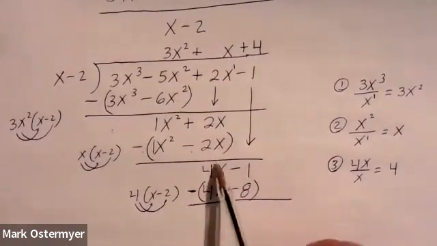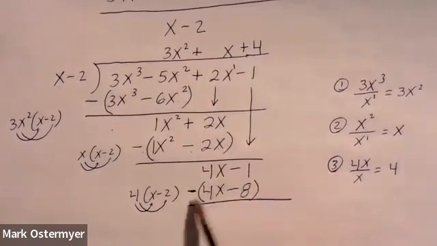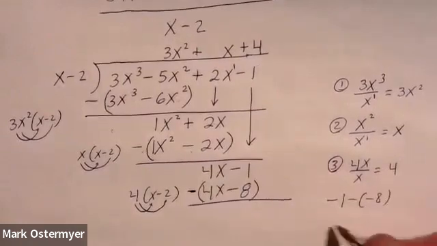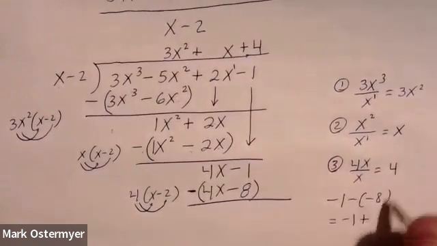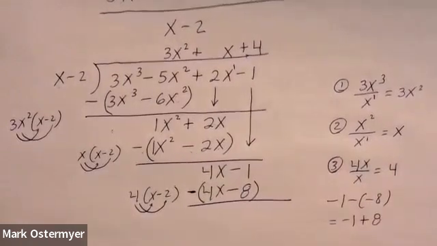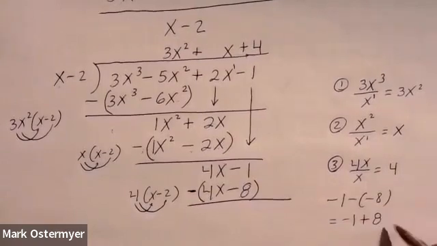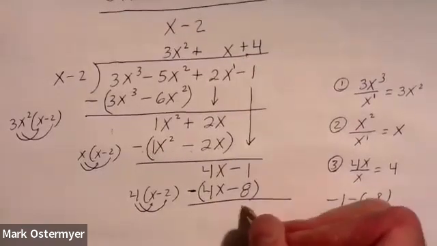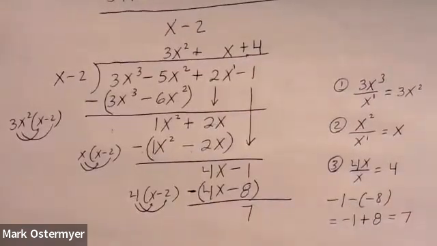4x minus itself, the x's are gone. -1 subtract a -8. -1 subtract a -8 is really equivalent to -1 plus the opposite of -8, which is +8. And -1 plus a +8, you take the difference, attach the larger sign, it's going to be a +7. 7's your remainder.